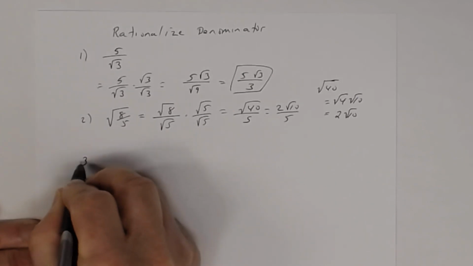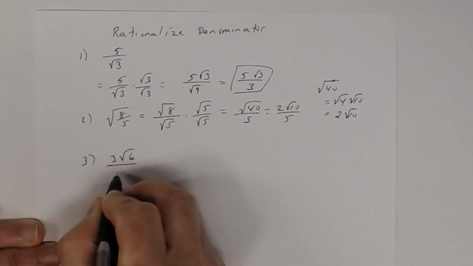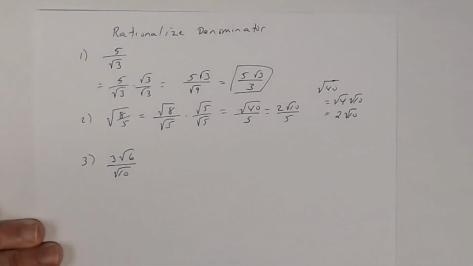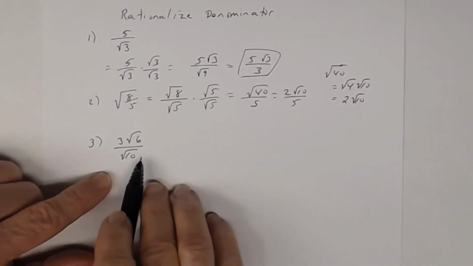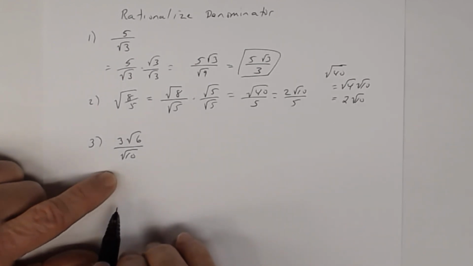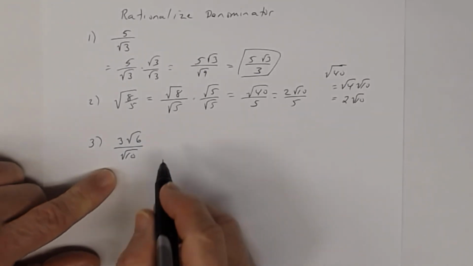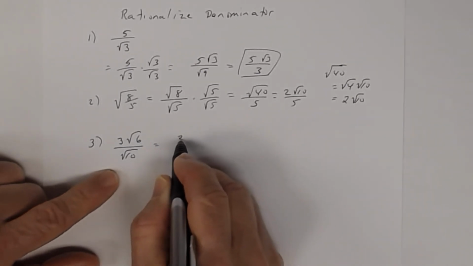Let's look at number 3. In number 3, we have 3 square root of 6 divided by the square root of 10. All right, so notice the square root of 10, the denominator, is an irrational number. So I want to make it a rational number. So the process, notice the process is, and I'm going to go ahead and rewrite this over.